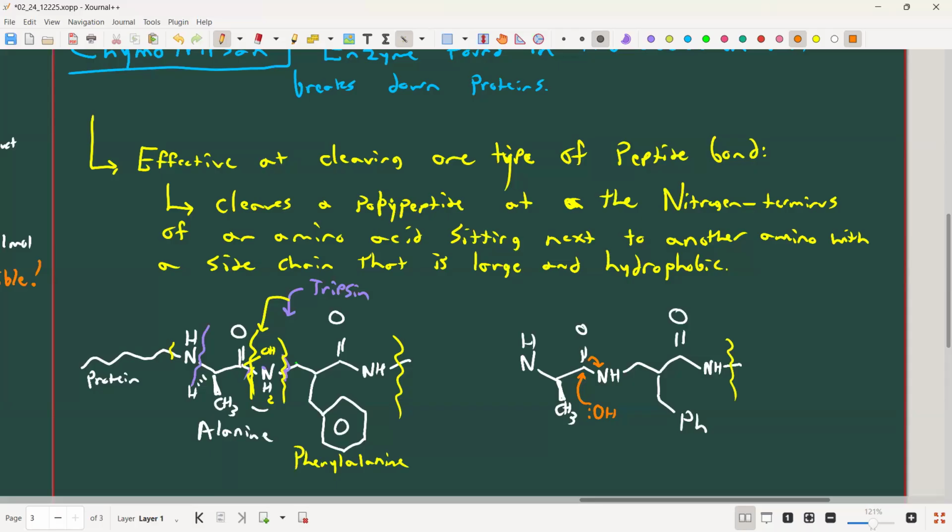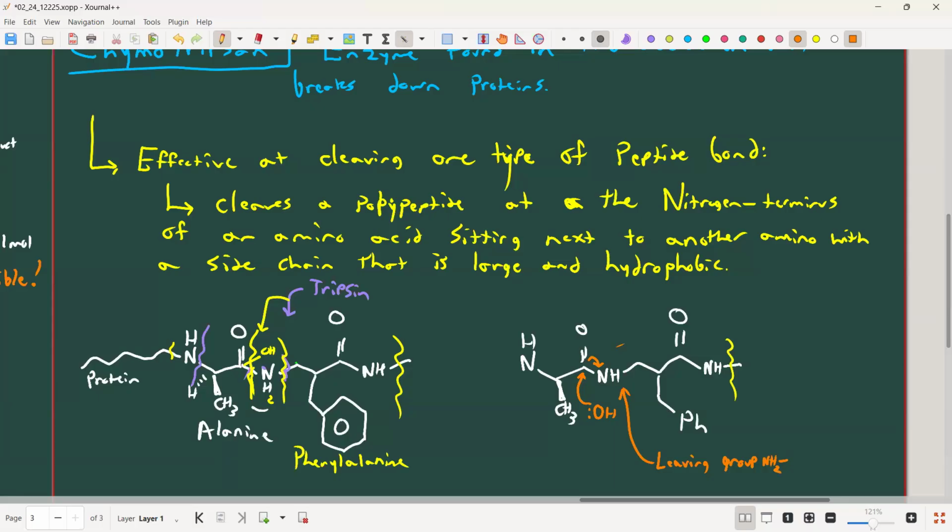But here's the problem. This is a terrible leaving group. This is a strong base. The amine is a strong base. So your leaving group here is going to look something like an NH2. We're going to have to add another hydrogen in there.